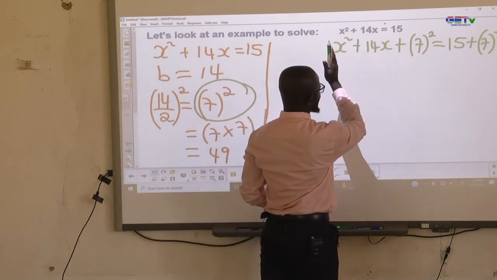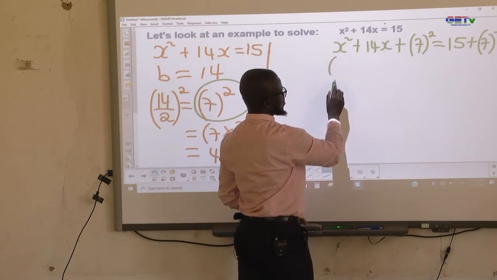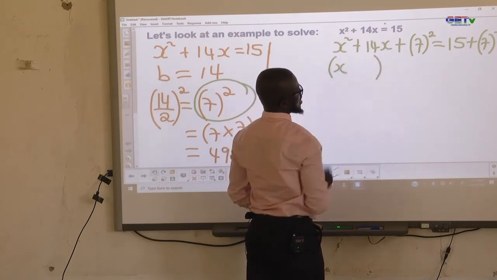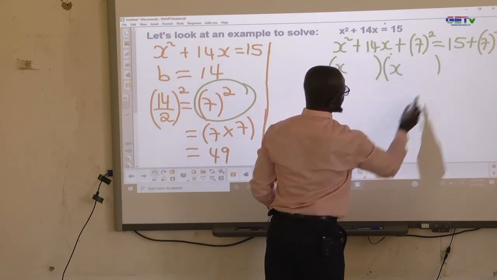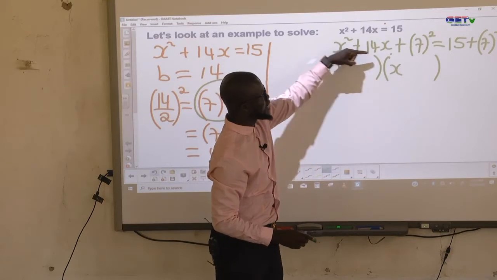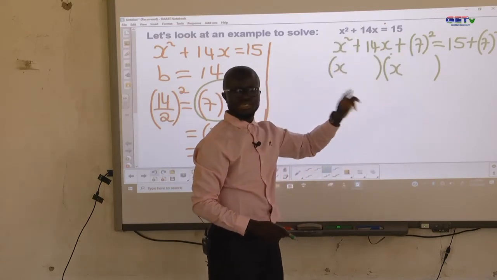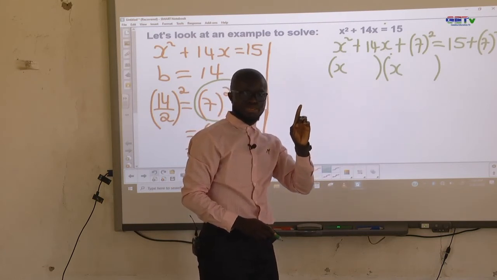Following all the terms from a, b, and c, you will realize that x is a factor. Again, looking at b and our constant, 7 is going to be another factor from the previous lesson.